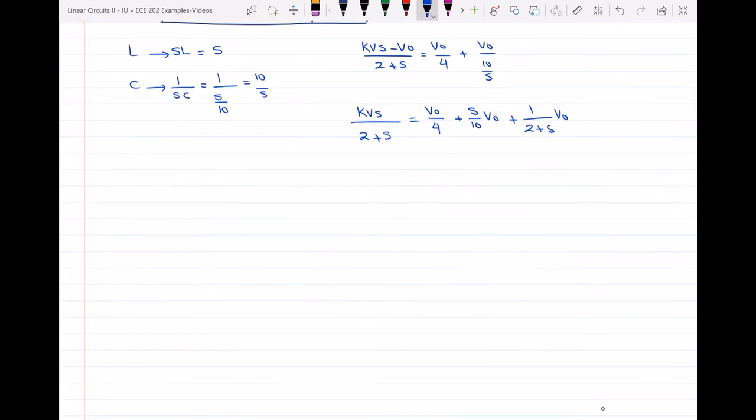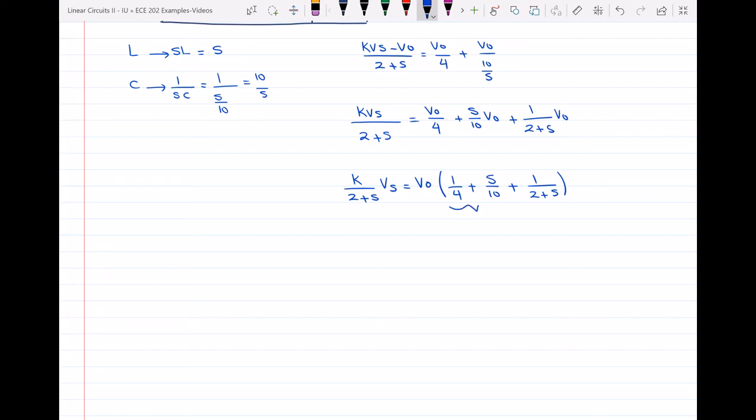Then here I'm going to have K over 2 plus S VS. That will be equal to, so I'll factor out VO, and I'm going to have 1 over 4 plus S over 10 plus 1 over 2 plus S.